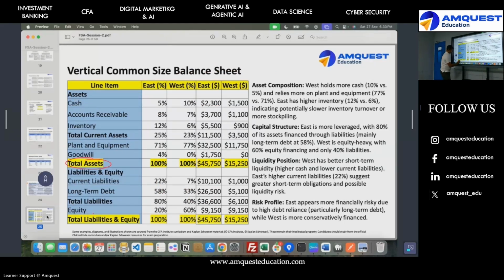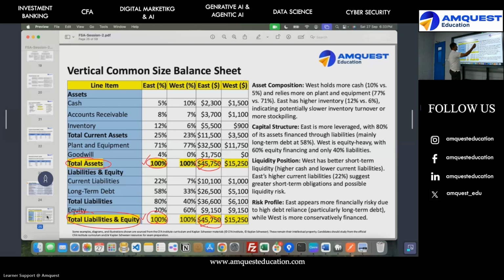Remember in the balance sheet, total assets equal total liabilities and equity. So your job is to make this line equal to this line, right? Both are fine, and this has to tally. Your job is to convert this line into 100%. Obviously, this line also will be 100%, the number is same.